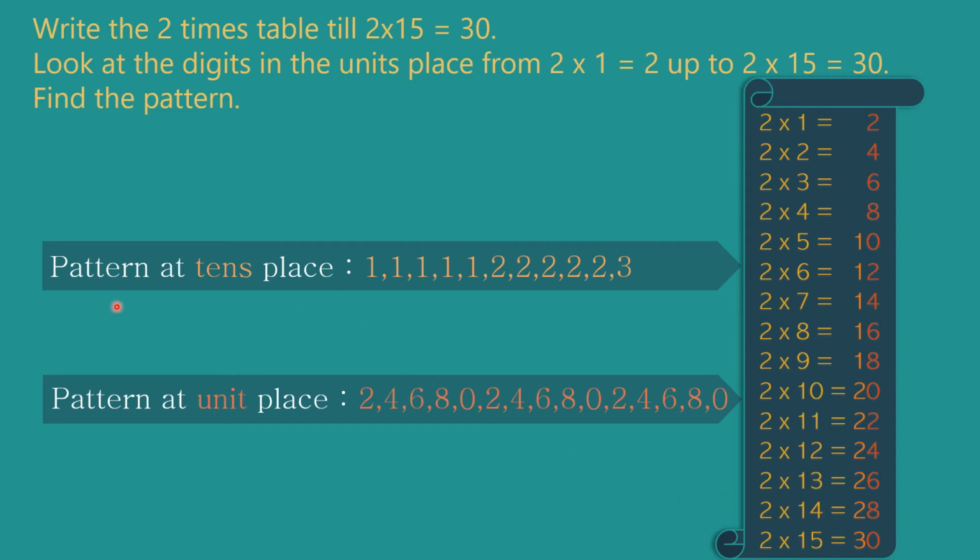The same digits we will write as the pattern at the tens place: five 1s, then again five 2s, and last 3. This way you can write patterns in numbers or patterns in multiplication.